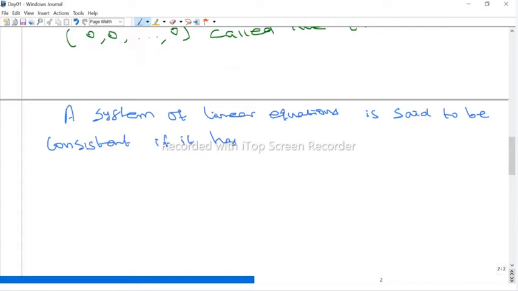Either the trivial solution or a non-trivial solution. If at least one solution exists, then we say the system is consistent. Otherwise, we call it inconsistent.